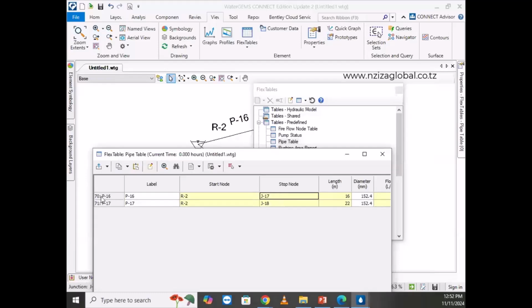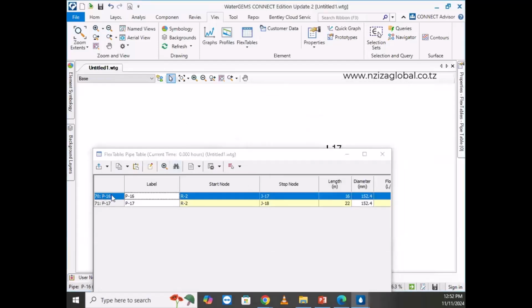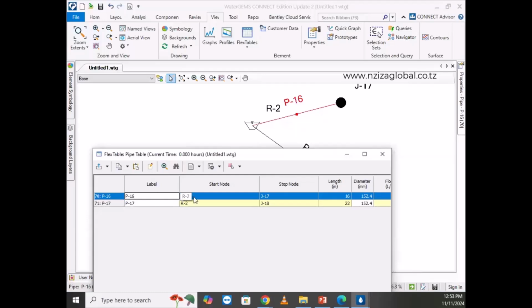By double clicking here on the left corner, it will immediately show you that pipe. You will see the start node. It is R2, which is my reservoir. And the end node is junction 17, which is this one. This is where water is going to.